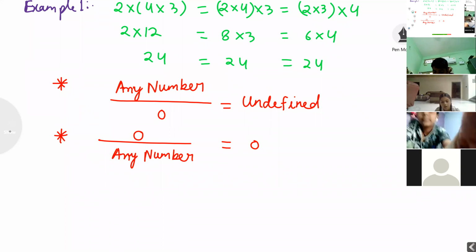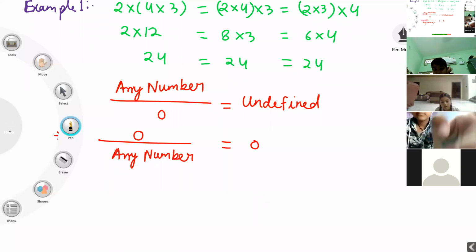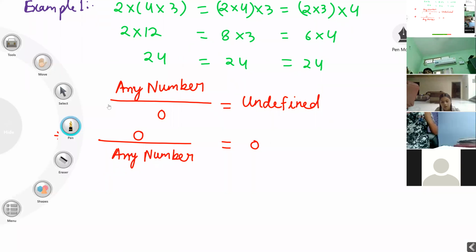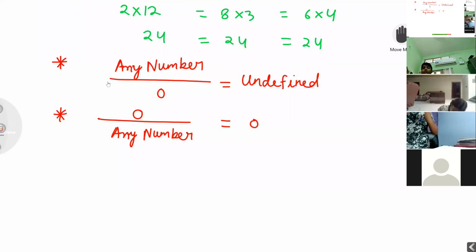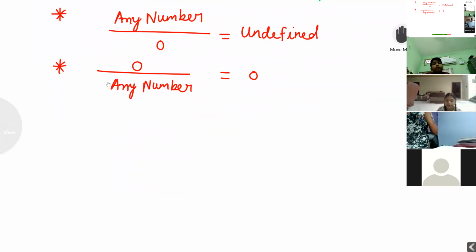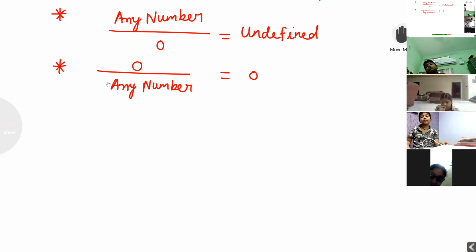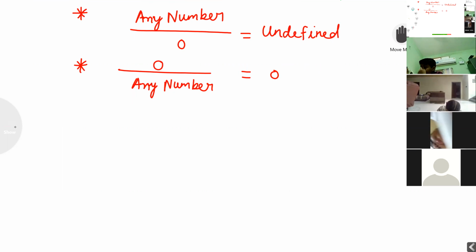These two star points are very, very important. First star point, any number by 0 is undefined. 0 divided by any number is equal to 0. Next, third star point.